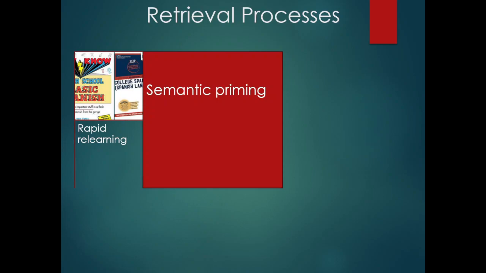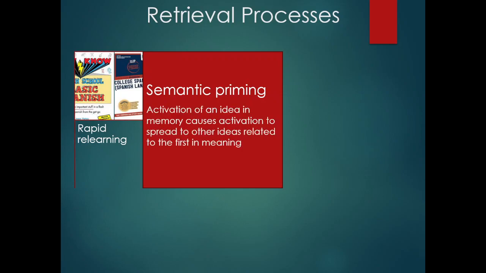Now, one way that rapid relearning works is through what's called semantic priming. Because you already know a particular word, it can spread to other related words, right? Let's say that I took Spanish through high school and college, but it's been a long time, minored in it in college.